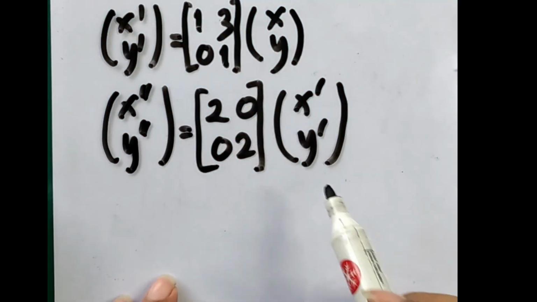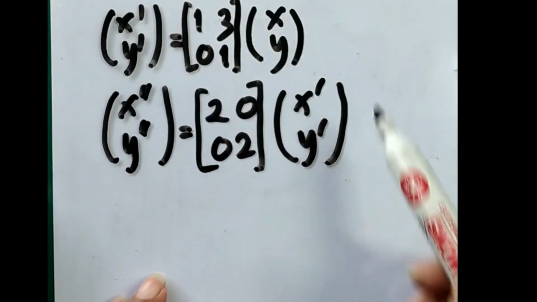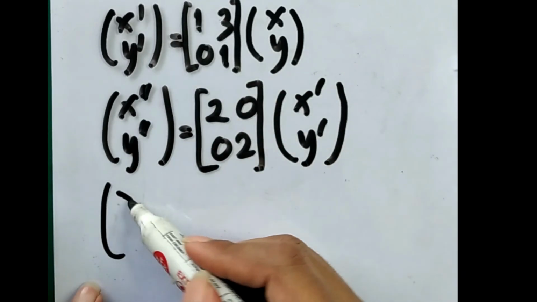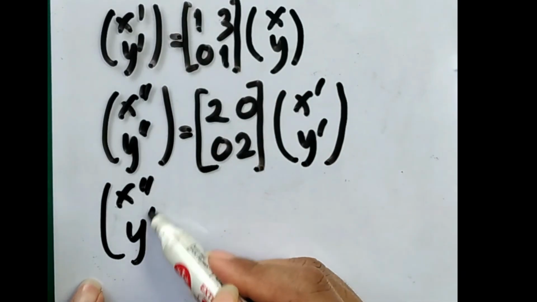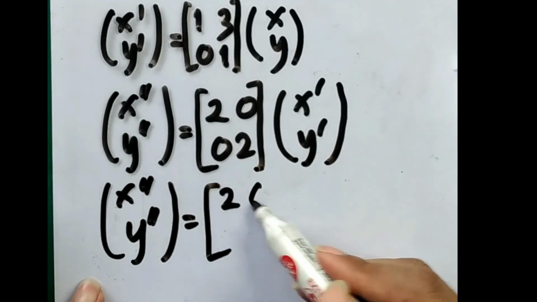Now we substitute this matrix into this equation. So x accent, y accent equals this one. So x double accent, y double accent equals this matrix.